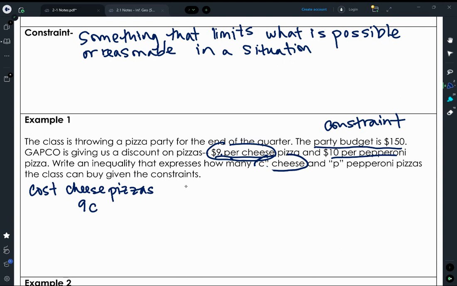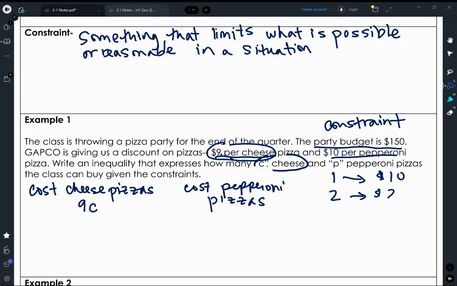Now my cost for pepperoni pizzas is going to be something similar. Each pepperoni pizza is going to cost me $10. If I buy one pepperoni pizza, it's $10. If I buy two pepperoni pizzas, 2 times 10 would be $20.